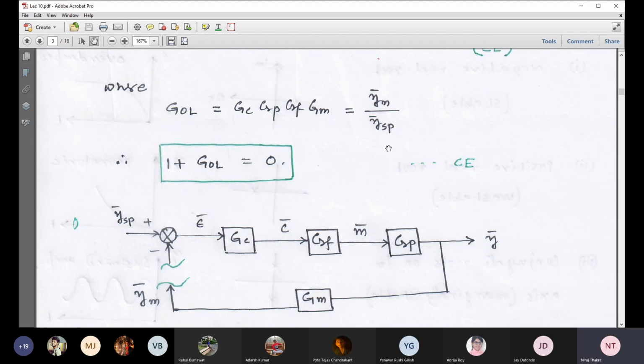This is the output and this is the input. Then we get this; we are just multiplying all these four transfer functions. Since it is disconnected here, that's why it is called open loop. I will explain this issue again from a different corner later.